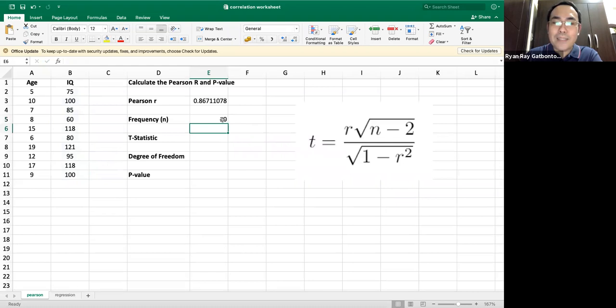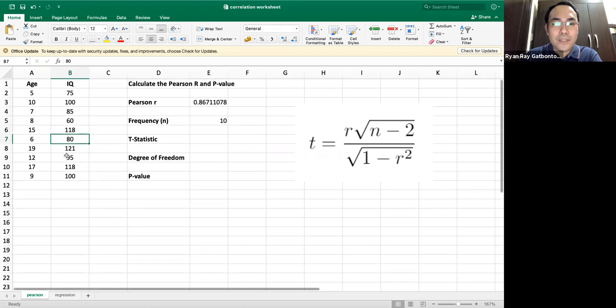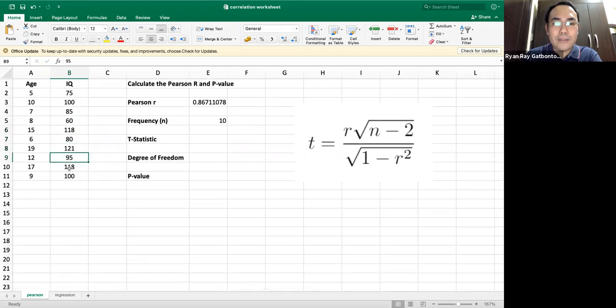Upon counting, we arrive at 10. Let's manually check if it's correct: 1, 2, 3, 4, 5, 6, 7, 8, 9, and 10. So Microsoft Excel counted this whole set of data as 10.